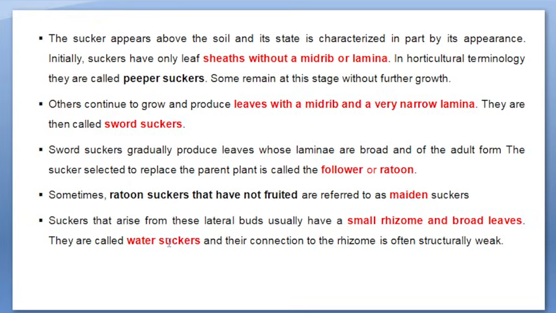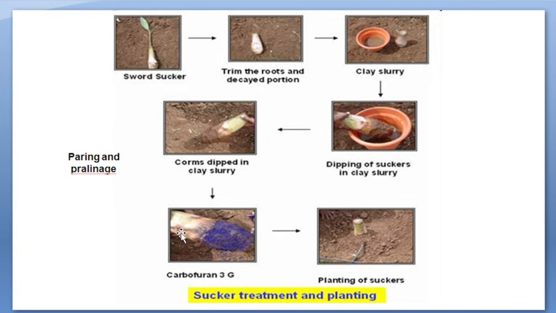It is present very adjacent to the parent pseudostem. Next, if the ratoons do not produce any fruits, that kind of suckers are called maiden suckers. And water suckers will have broad leaves, but the base development is very poor.